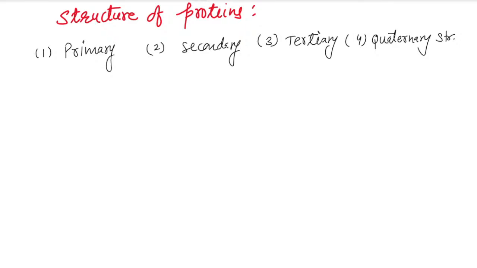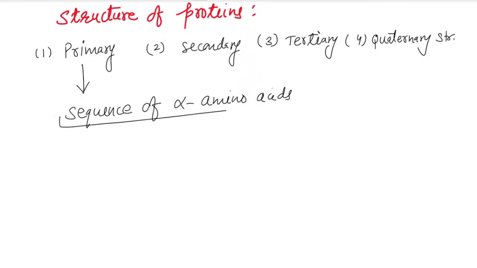For example, in primary structure, we try to figure out the sequence of alpha amino acids, because each protein has a specific sequence of alpha amino acids which are linked together by peptide bonds. The sequence of alpha amino acids of each protein is studied under the heading of primary structure.